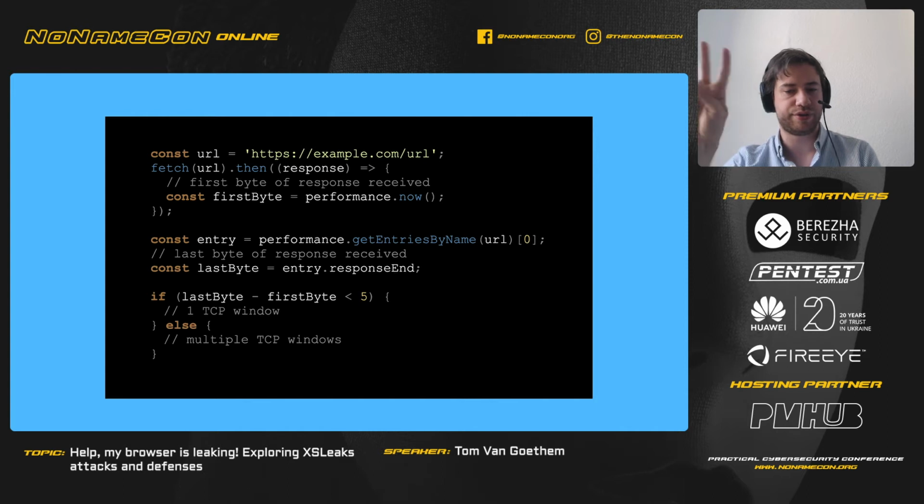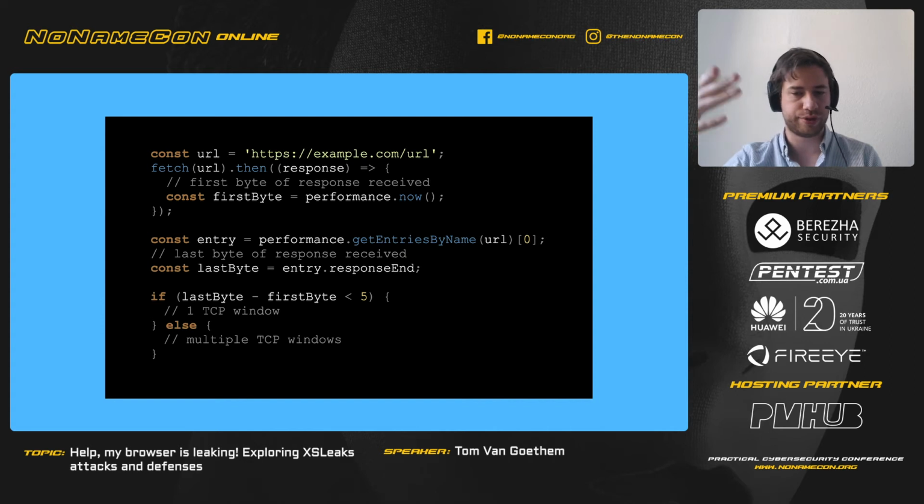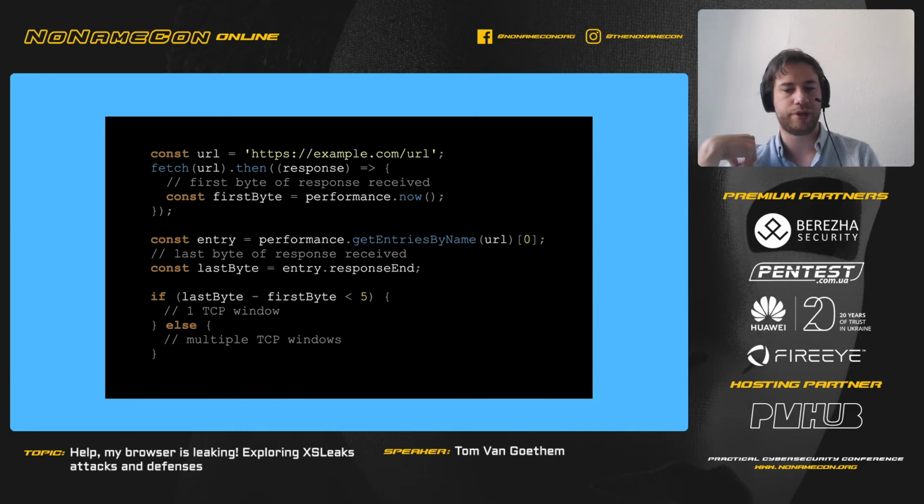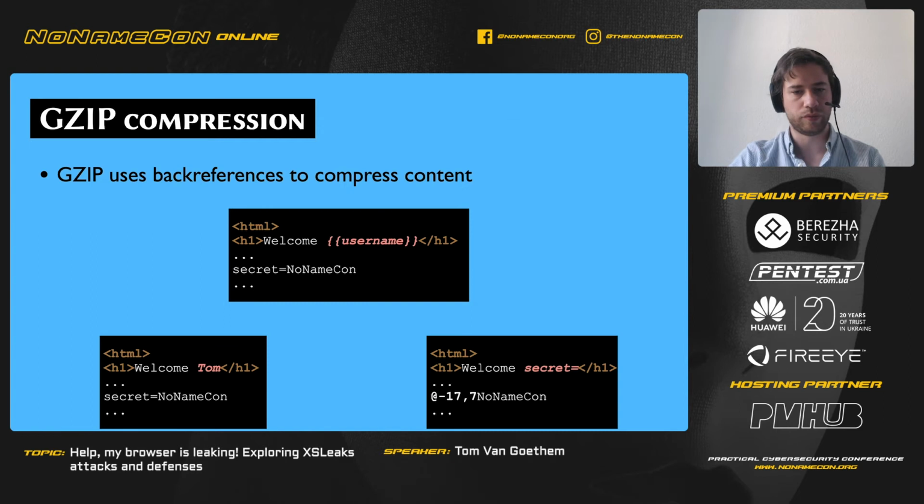If the difference in time between the last byte and the first byte is less than a certain value, for instance 5 milliseconds, it means that only a single TCP window was required, so everything fit into a single TCP window. Otherwise, multiple TCP windows were required. One additional round trip might be something like 50 or 100 milliseconds. So that was how we could determine the size of the response.